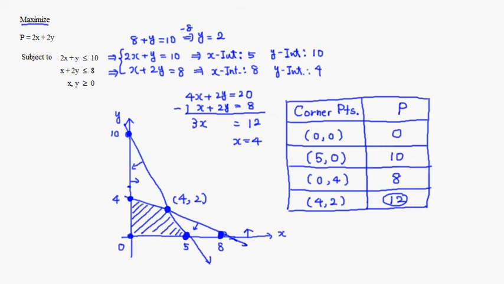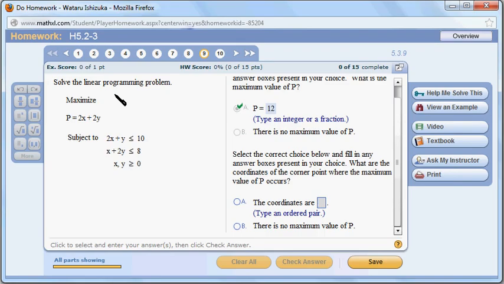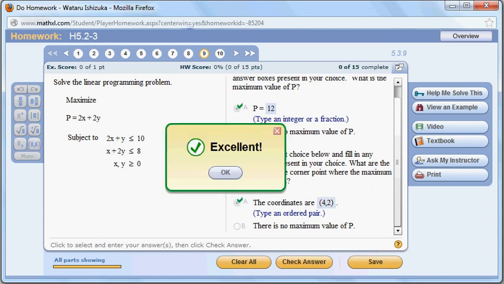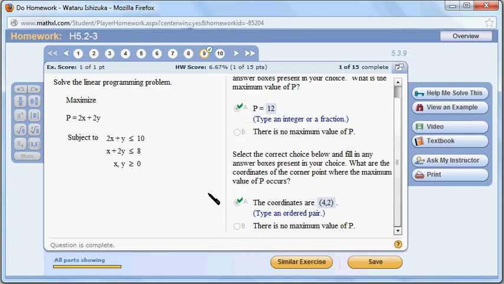So let's type in 4, 2. Let's check. All right, got it. So click on that. All right, that's it. I hope that this was clear.